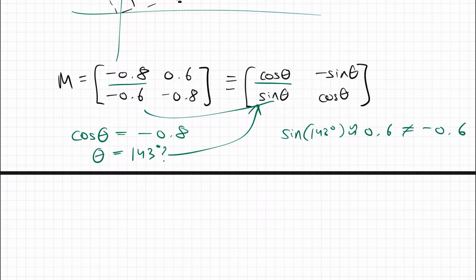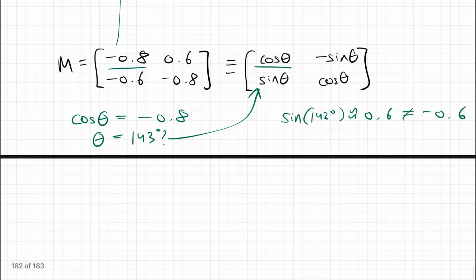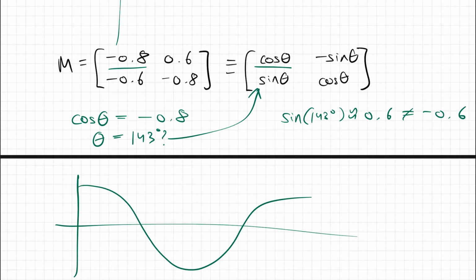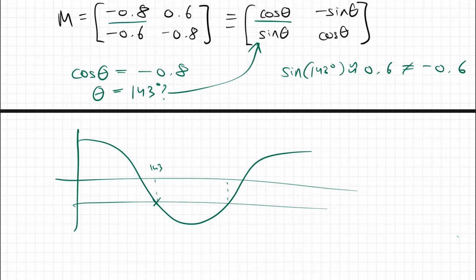So why is this? Well, it's because, remember what a cos graph looks like. It's something like this, and we're essentially trying to solve it as minus 0.8, so that's here. And we've got this first solution, 143. But remember, there's actually another solution, 360 minus 143.